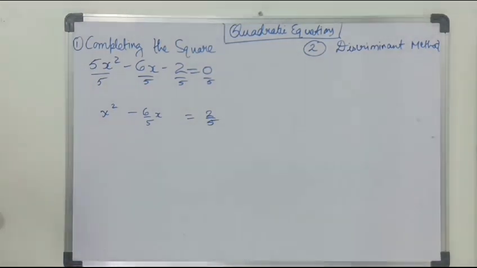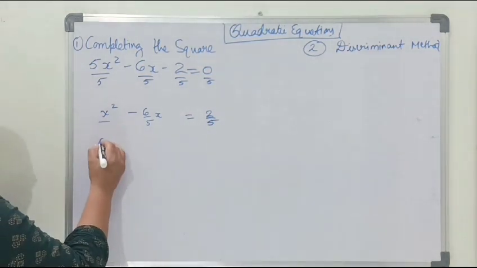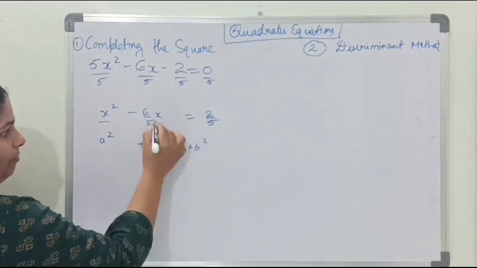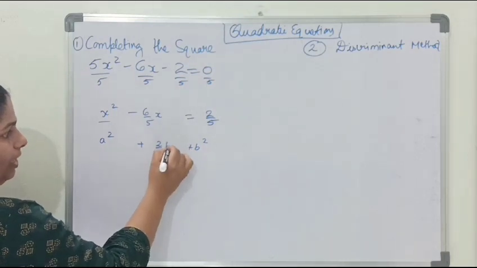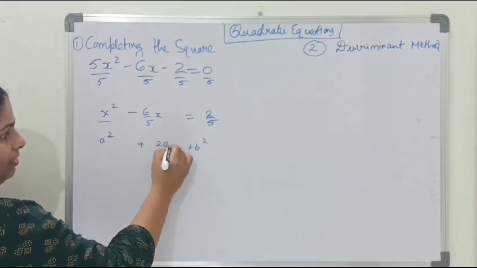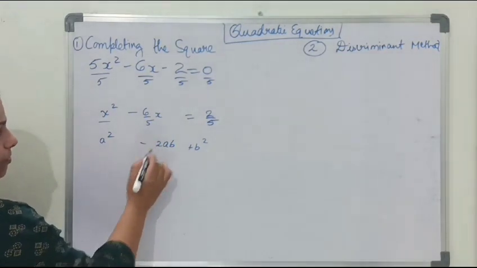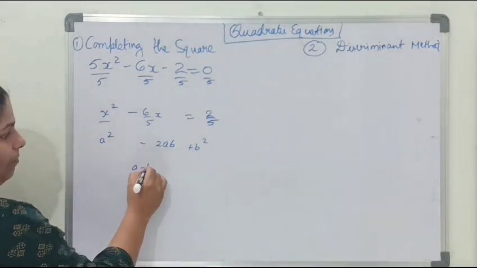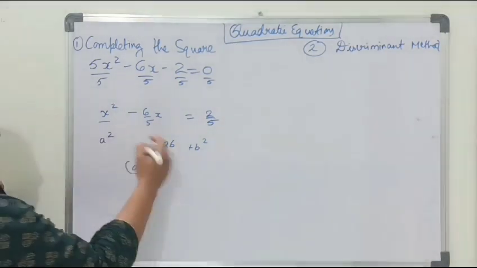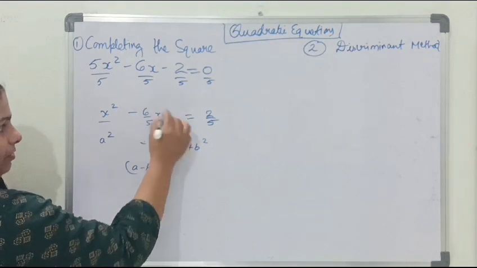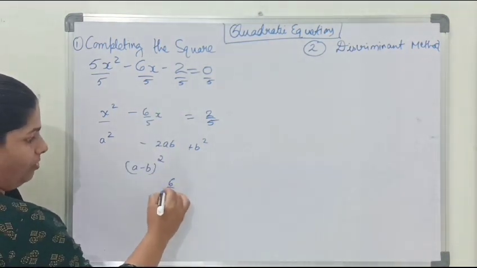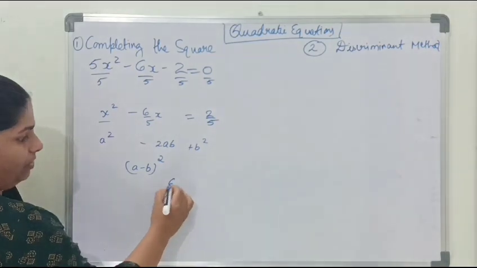Now, what you have to do, you have to assume that it is a square. You don't know what is b square. But this term is 2ab. But here we can see that it is minus 2ab. So the formula will be a minus b whole square. So divide the term with x by 2. 6 by 5 divided by 2, that is cancellation.